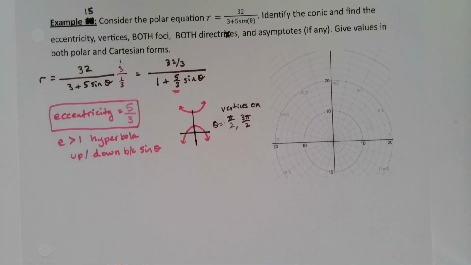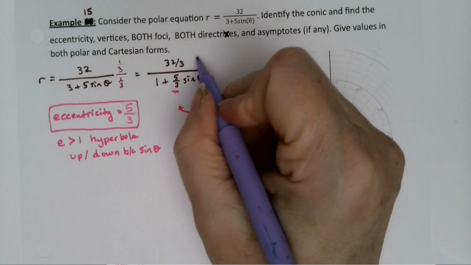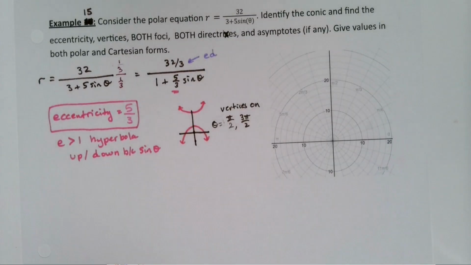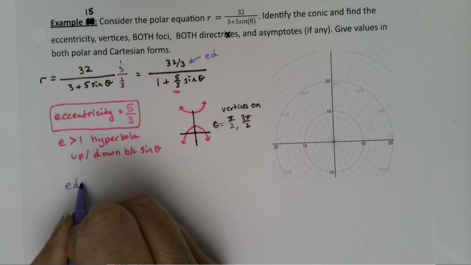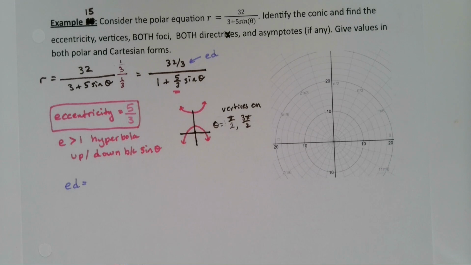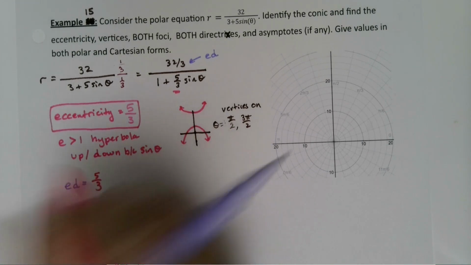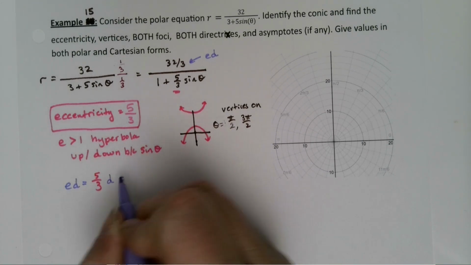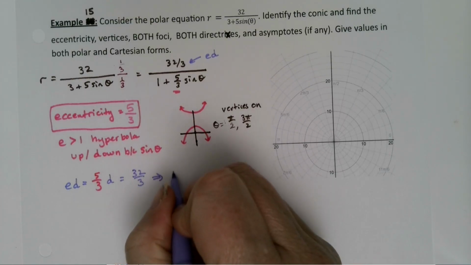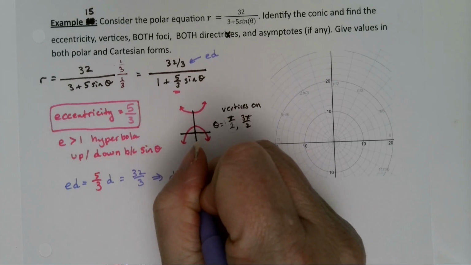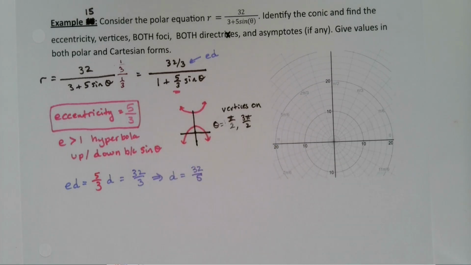All right. So now let's find our directrix, shall we? We know that E times D is equal to this piece over here. So that's ED, and we know what E is. It's right here. So ED is equal to 5/3 D, which is equal to 32 over 3. That means that D is equal to 32 over 5.